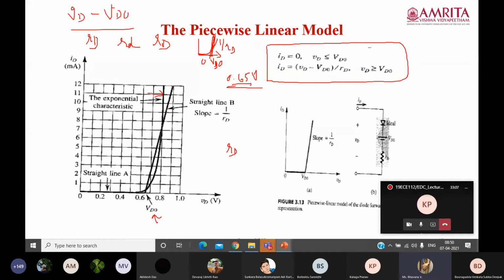Is it clear? So ID equal to 0 for VD less than or equal to VD0, and ID equal to (VD minus VD0) by rD for VD greater than or equal to VD0.